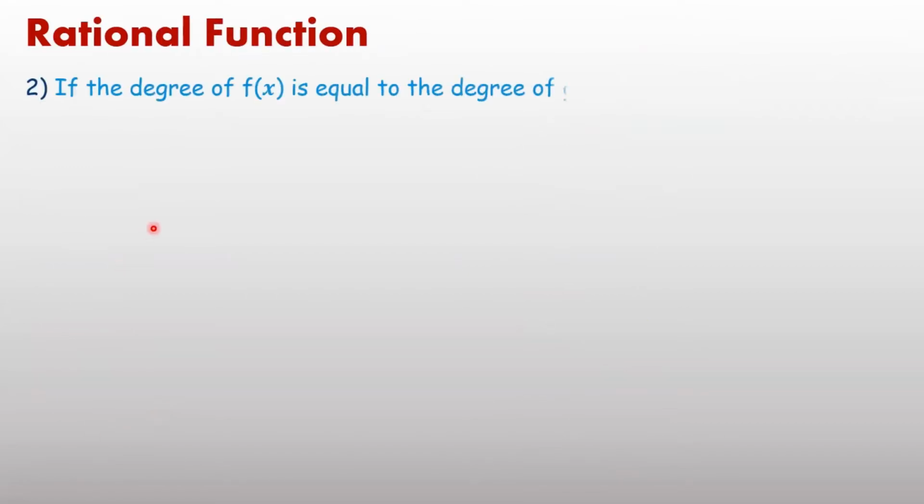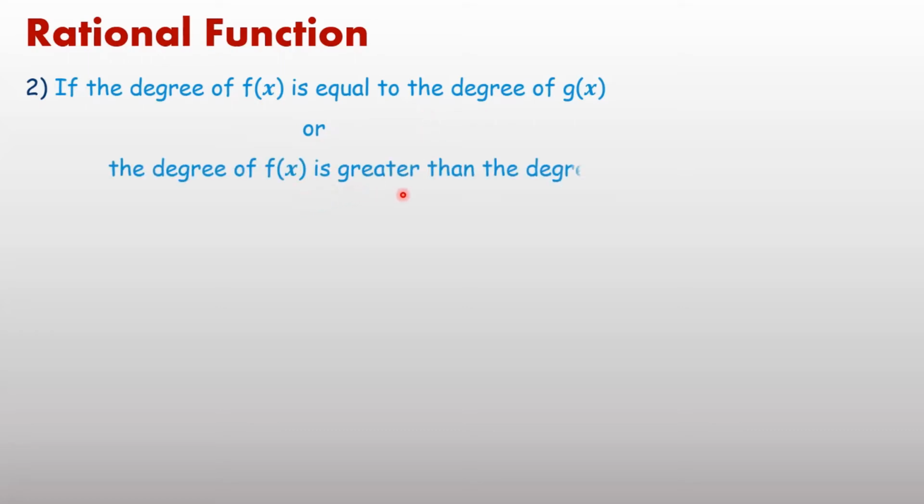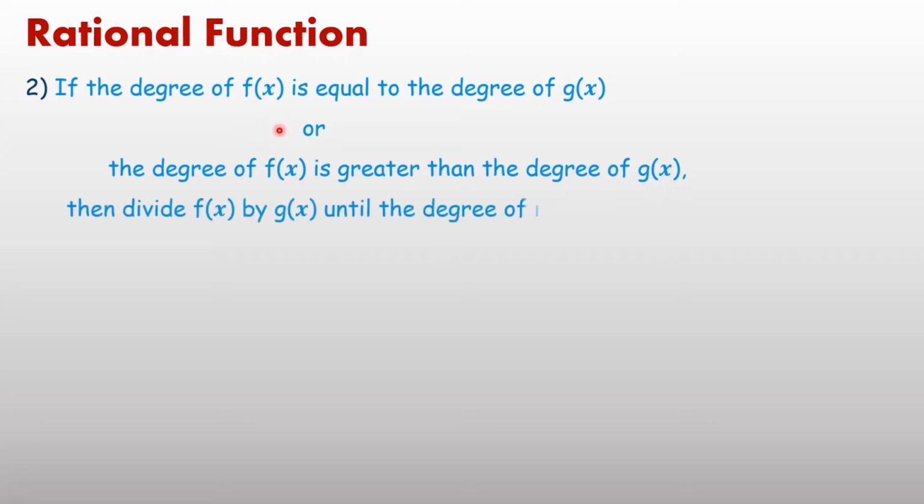For example, if the degree of f(x) is equal to the degree of g(x), or the degree of f(x) is greater than the degree of g(x). The first case we have discussed, when the degree of the numerator is less than the degree of the denominator. Here the degree of the numerator is equal to or greater than the degree of the denominator.